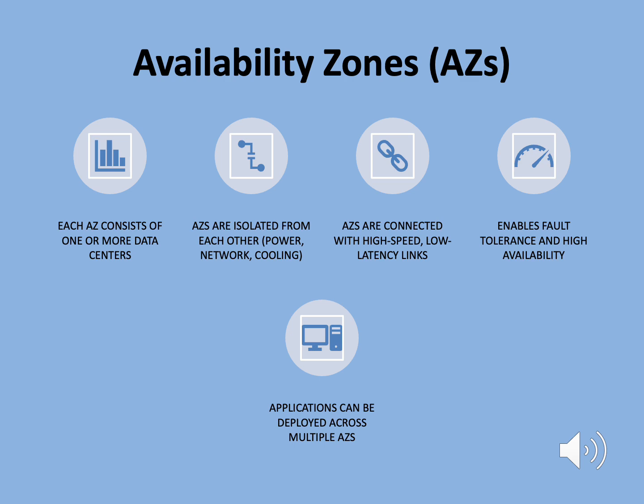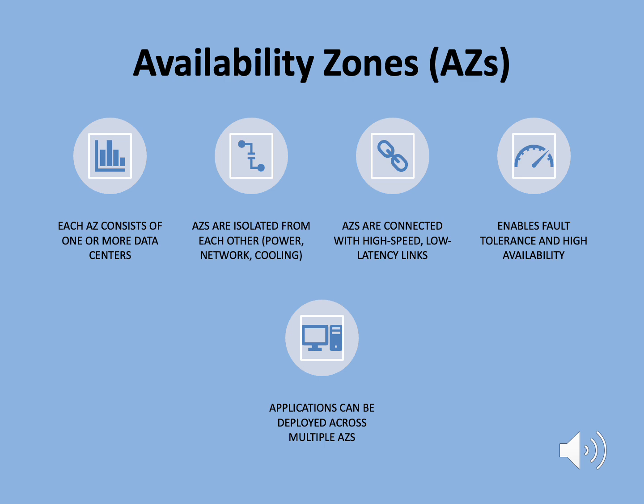Now let's understand availability zones, also known as AZs. An availability zone is a group of one or more data centers within a region. Each availability zone is physically separated from the others, meaning they have independent power, networking, and cooling systems.